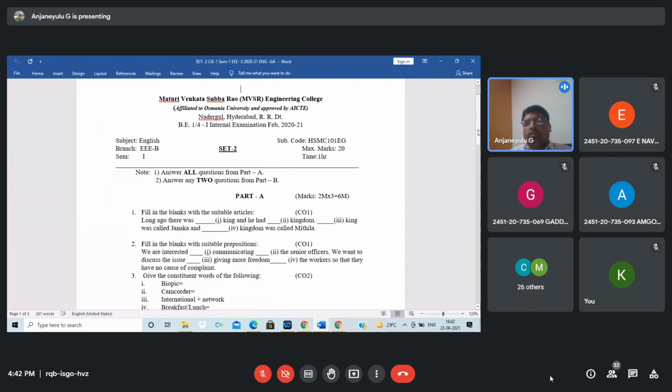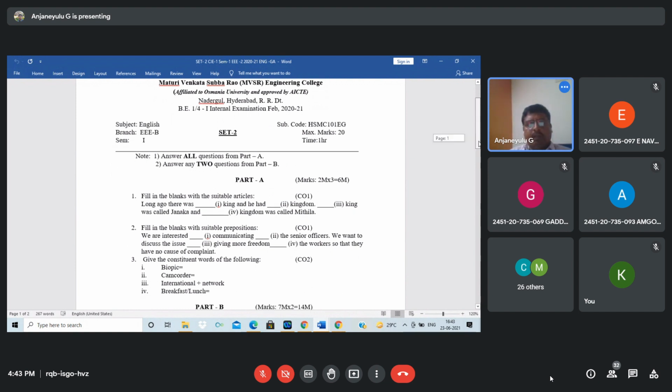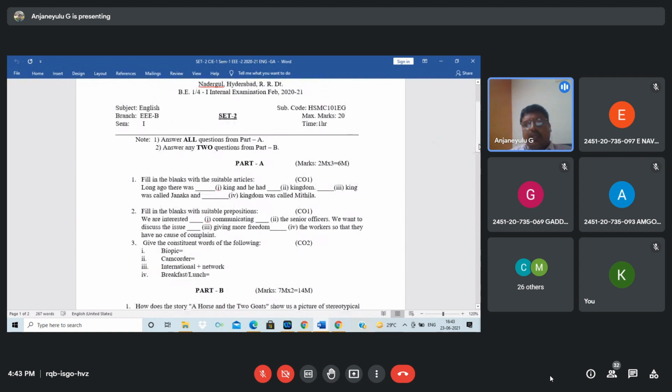Whatever topics we have in our syllabus, based on that we prepared. There are two parts, part A and part B. Part A has three questions, each question 2 marks, 2 into 3, 6 marks.